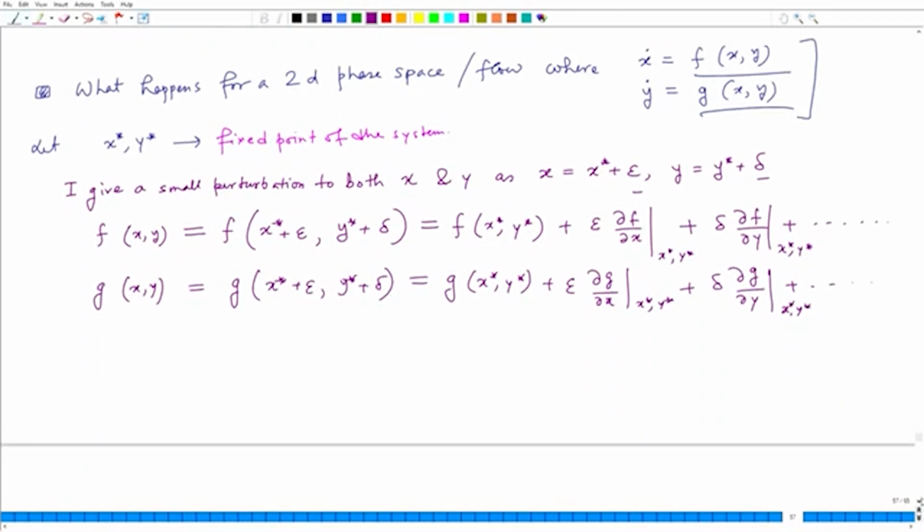Okay. So, I cut the system here. I simply say that my expressions are given like this.